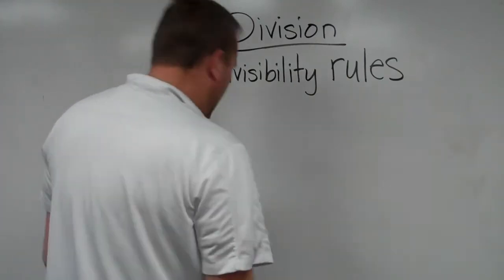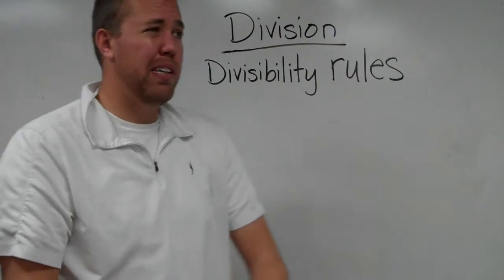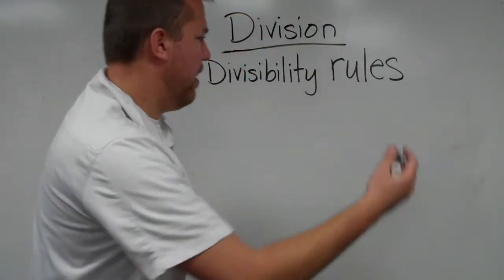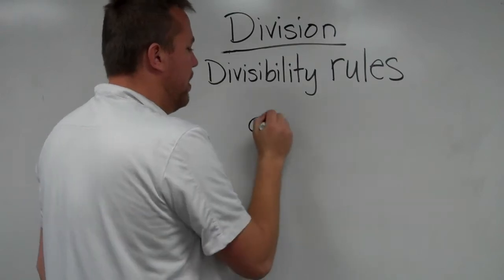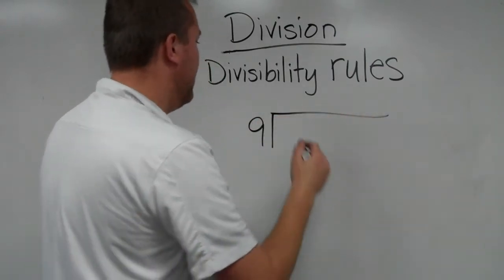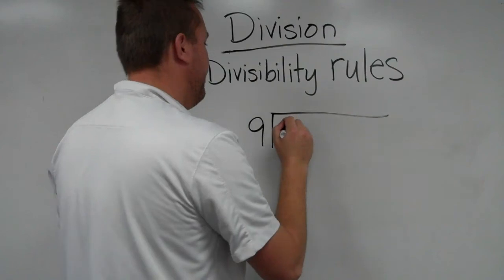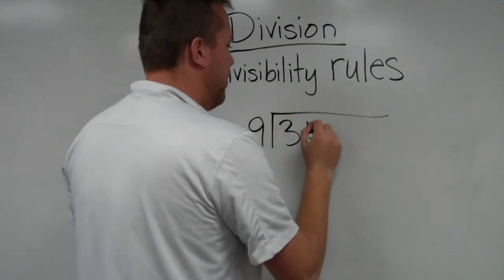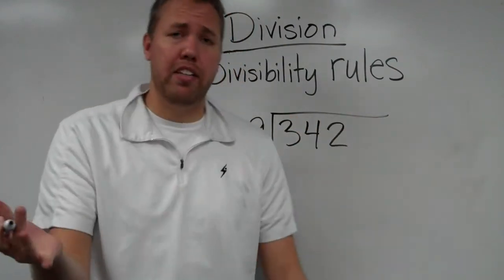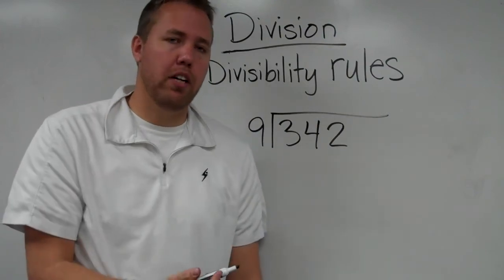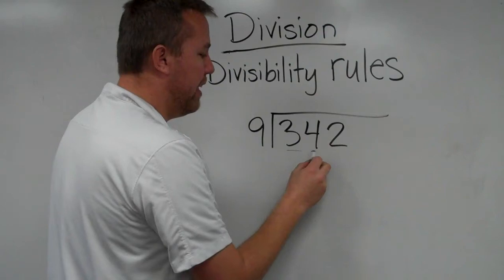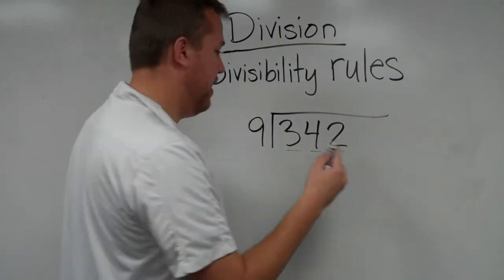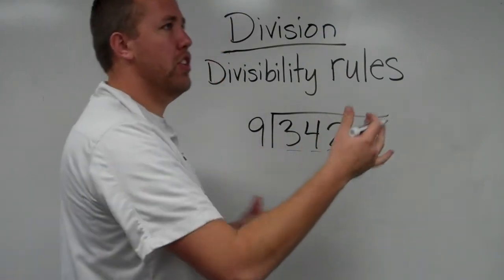Now, we get into some of the tricky ones, but also some of the fun ones. Okay, let's start with 9. 9's kind of fun. So, as I look at this, let's just do 342. I automatically know that 9 goes into that. How do I know? With 9, I add up the digits of the dividend. So I'm not saying 342 plus 0.